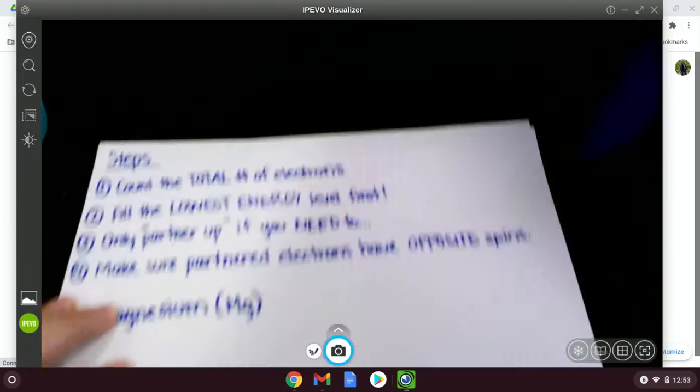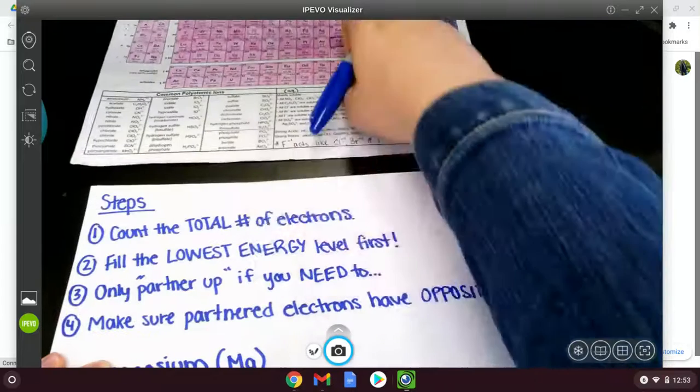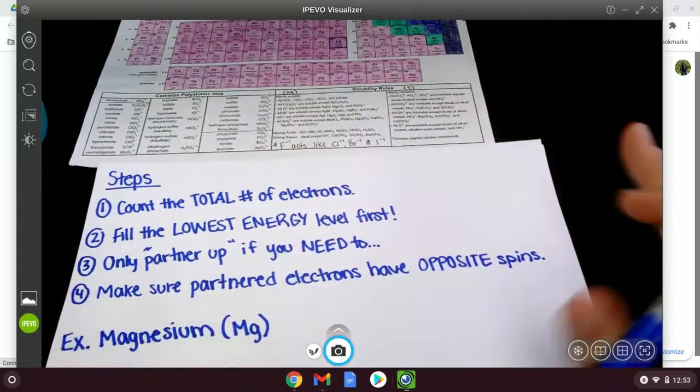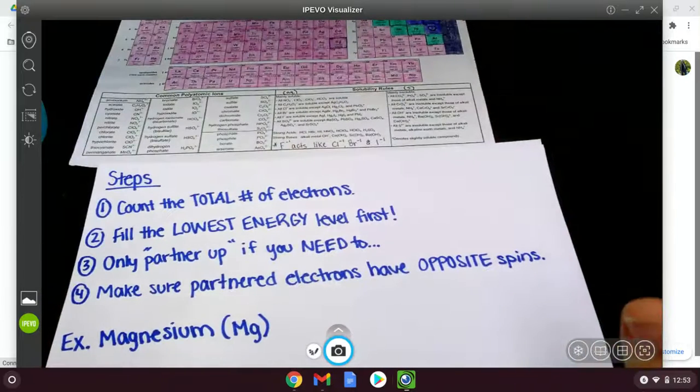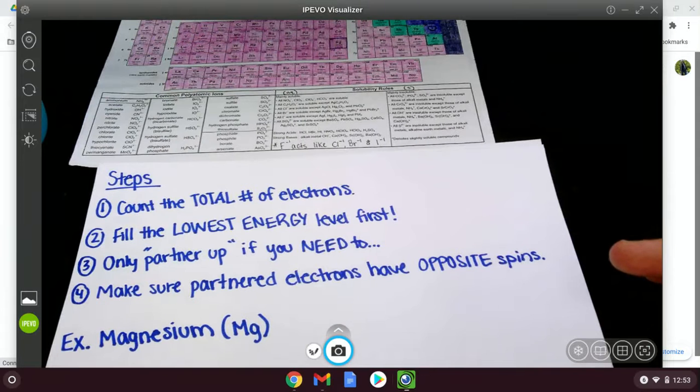So to get started, I'm going to put my periodic table there. Let's go over the steps for writing electron configurations. So the first thing we should do is count the total number of electrons that we have. Note that for right now, these are neutral, so the number of electrons will be equal to the number of protons.